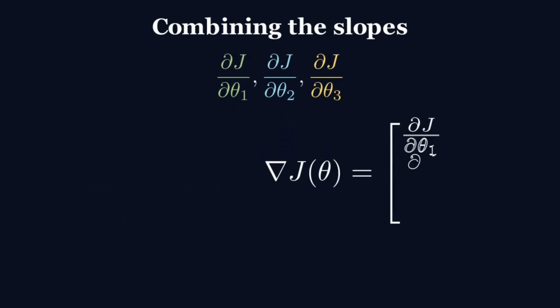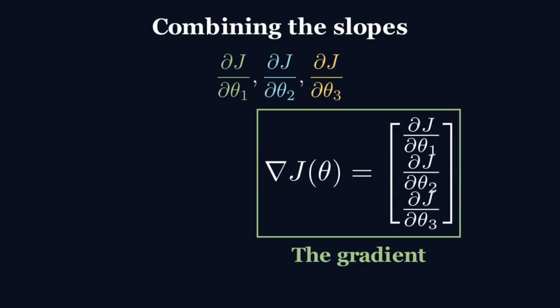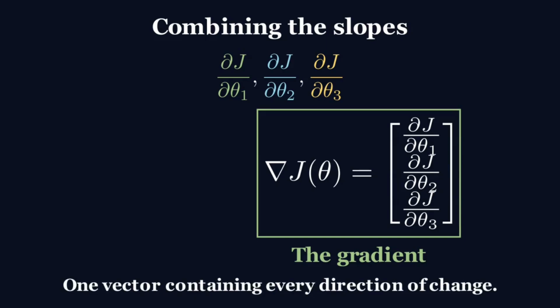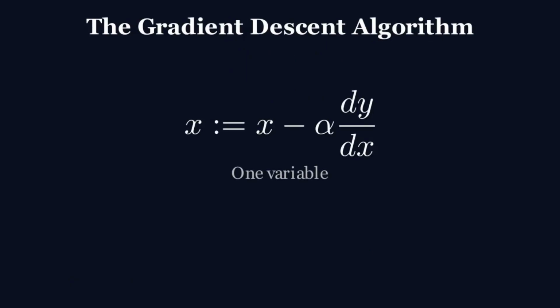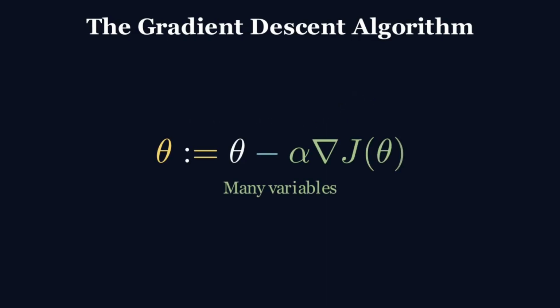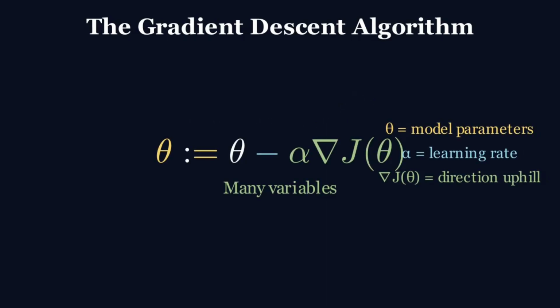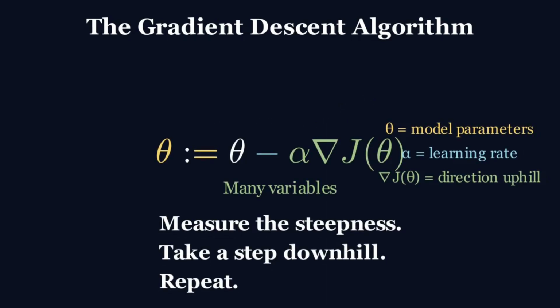And when we combine all of those partial derivatives together, we get a single vector, the gradient, which means our gradient descent equation simply becomes that on the board. And although this equation might look much more complicated, it's doing the exact same thing as before. Measure the steepness, take a step downhill, and repeat.